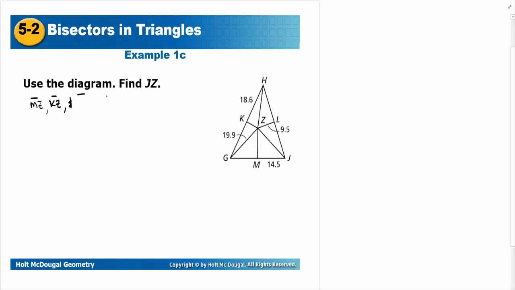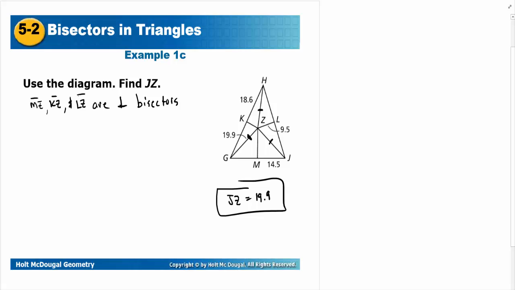Sorry, you can say LZ and LZ are perpendicular bisectors. So again, if I was given this figure and I was given this statement, you have to be given that statement, okay? Otherwise, you don't really know the answer to this. Then I know that these are all congruent. That's kind of what you'll be able to glean from that. So in this case, JZ would just be 19.9. Nothing to solve for there. Just know the theorem about the circumcenter. Okay.